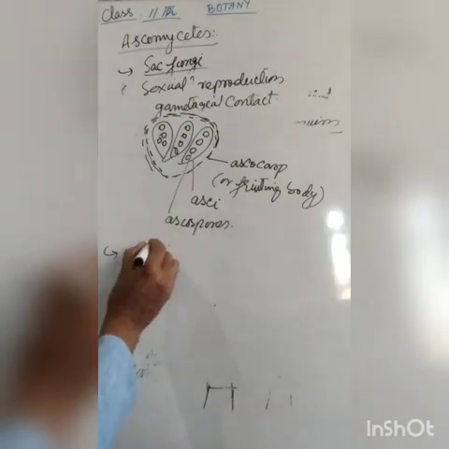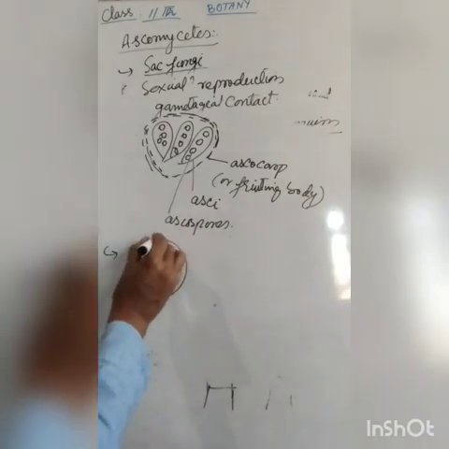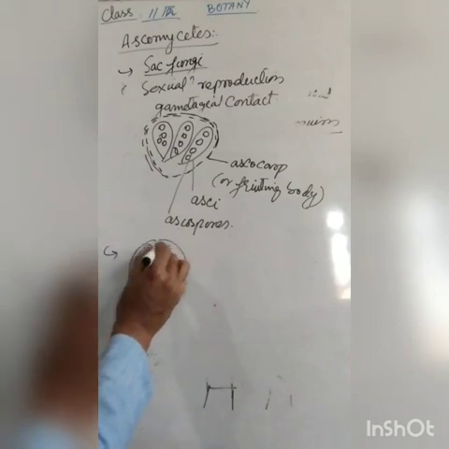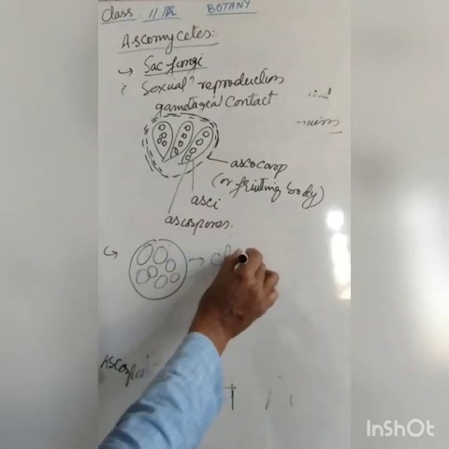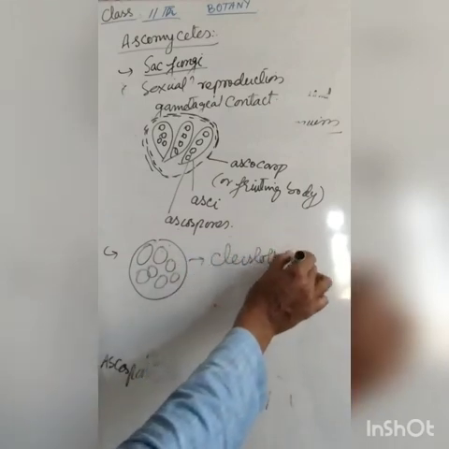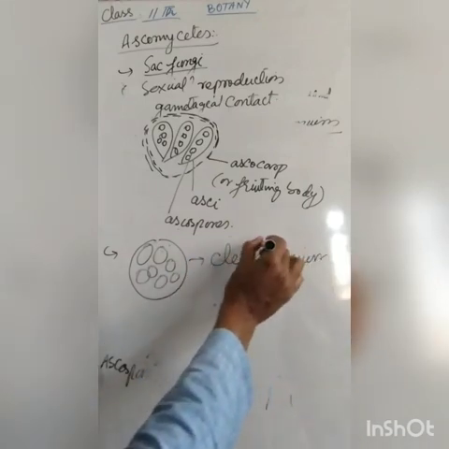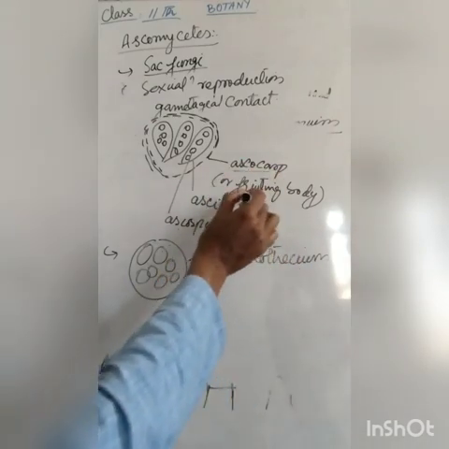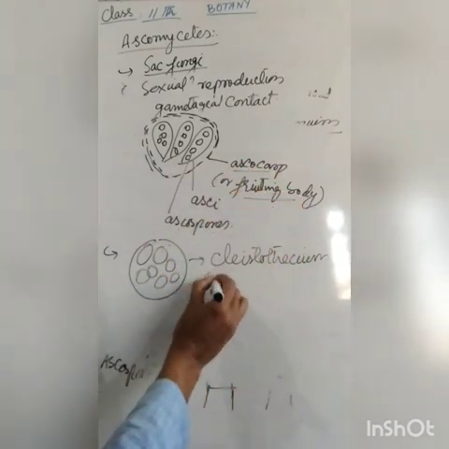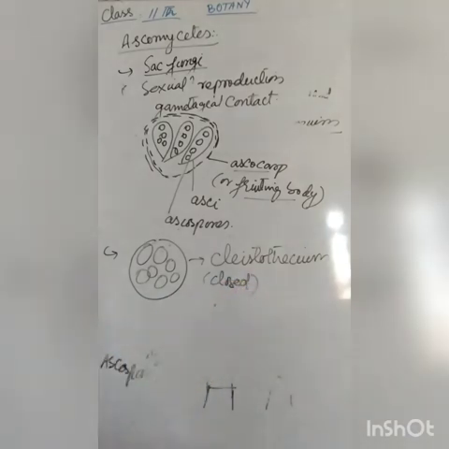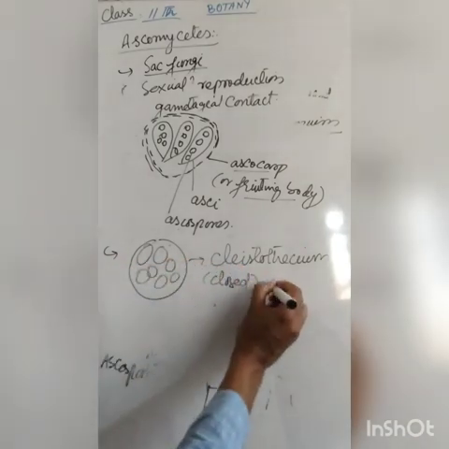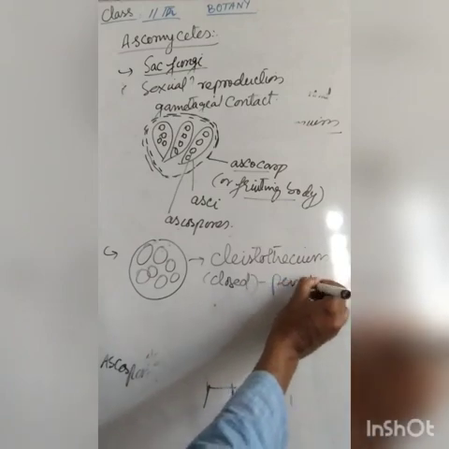When the ascocarps are like this and these are closed, these are called cleistothecium. Cleistothecium is the ascocarp or fruiting body which is closed or rounded, and it occurs in fungi like Penicillium.